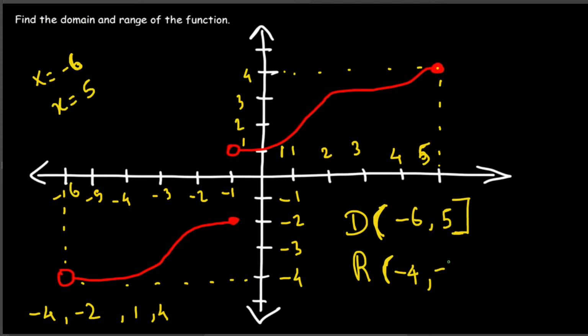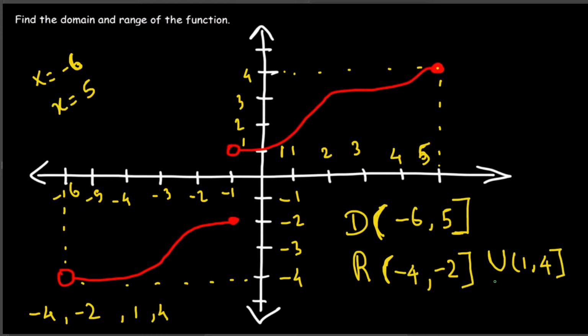So we put a -2 right here, but this is a square bracket because -2 is a closed circle, so it's included. And then we put union. After union, we put the next thing, that is starting at 1. 1 is not included because we have an open circle. And then it's ending at 4, but 4 is included because this is a closed circle.